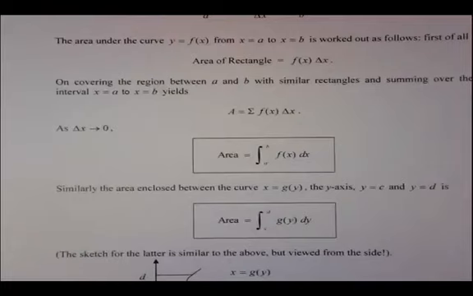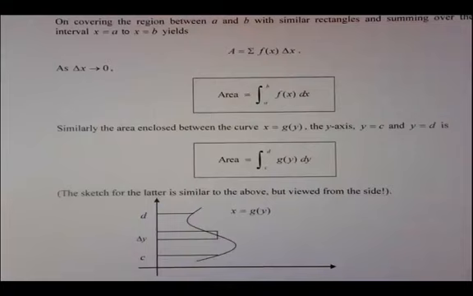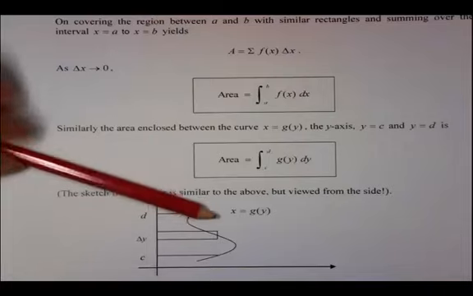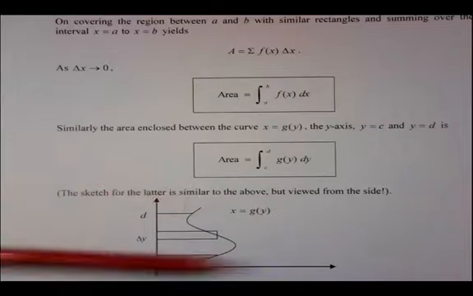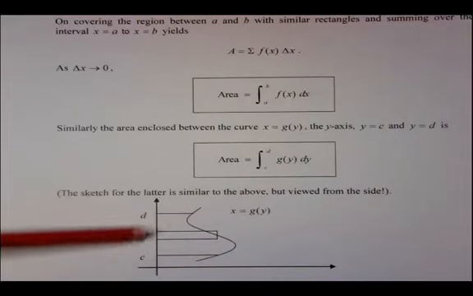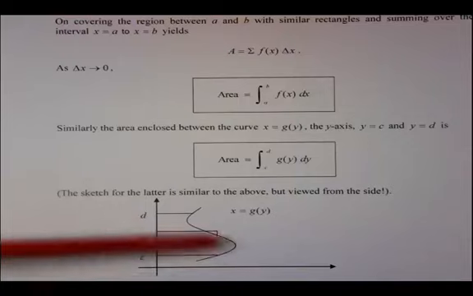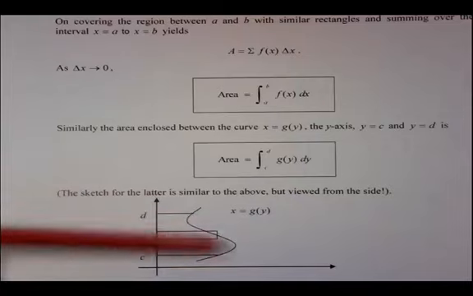Now, you can swap your axes if you like, and we've got a picture like that down the bottom. Let's put that up there. The x and y swap roles here. Instead of y equals f(x), we've got x equals a function of y. For each y value, you plot a point, so you can plot a curve. And you can think about the area between the y-axis and the curve.